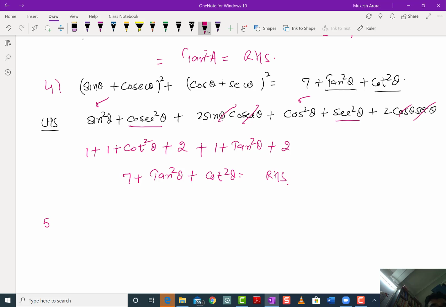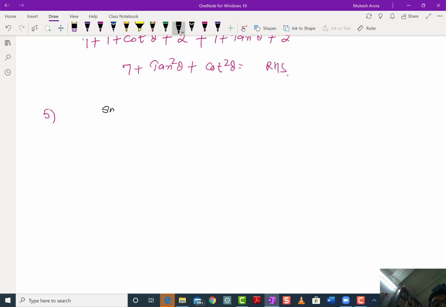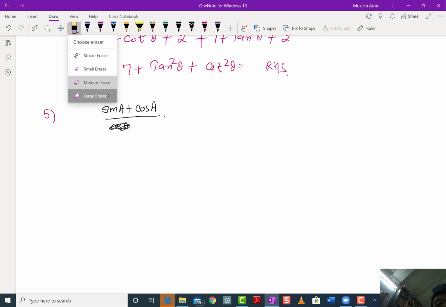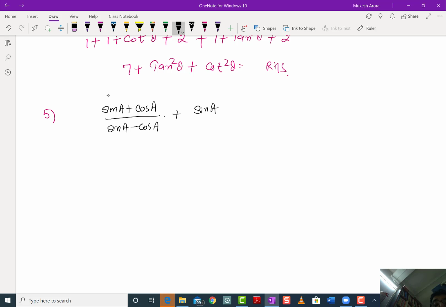Another sum is sin A plus cos A upon sin A minus cos A plus sin A minus cos A upon sin A plus cos A is equal to 2 upon 2 sin square A minus 1.